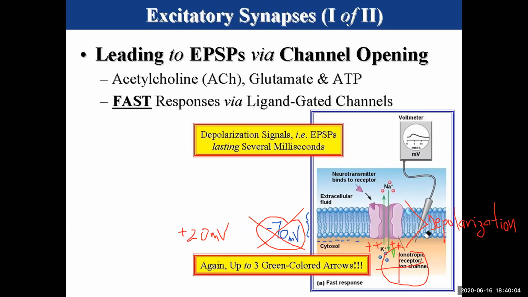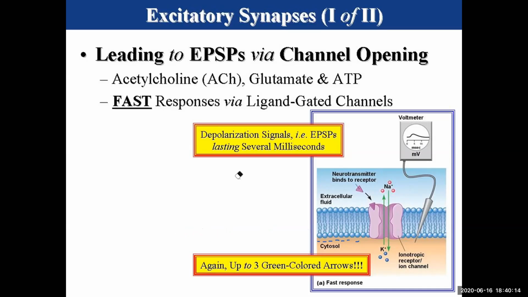So by directly opening an ion channel, you can depolarize the membrane. So this is one way. So through direct channel opening, right? So fast response through ion channels.